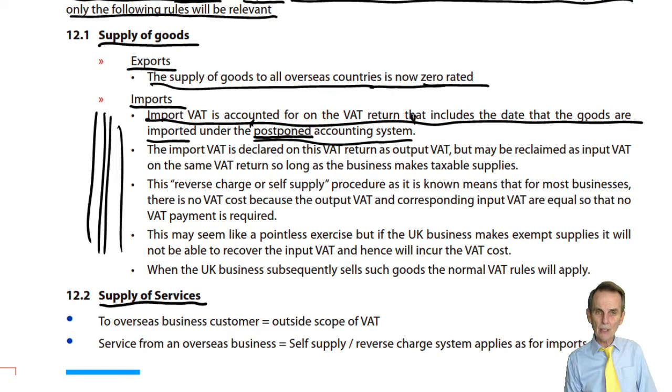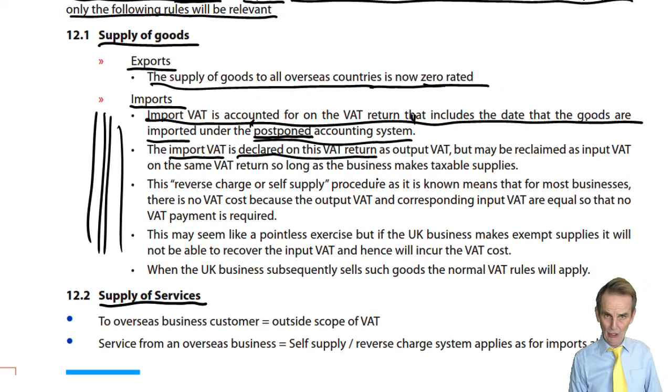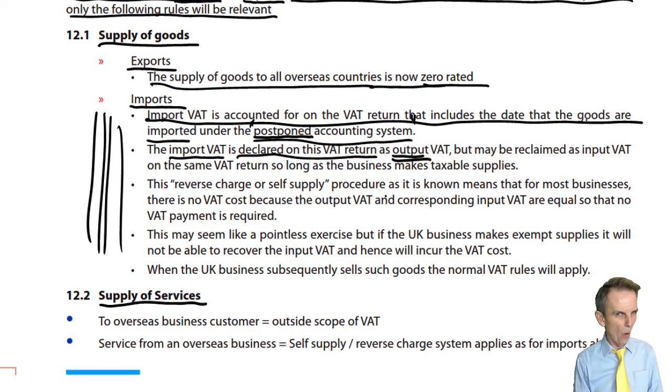But what it means is that import VAT is declared on this VAT return. So for the VAT return in which we have made the purchase of these goods from the overseas supplier, we have to account for output VAT, what we actually have to account for on a sale.